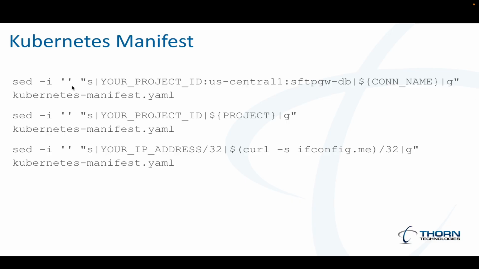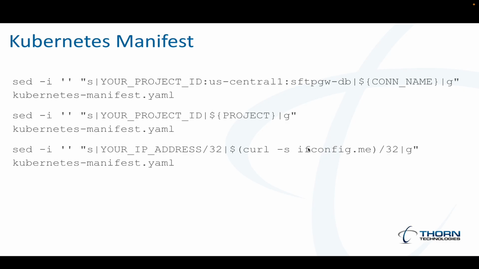So here I have some sed commands, which will replace specific strings within the Kubernetes manifest file with real values. The first one is going to be replacing the placeholder database connection name with the connection name that we obtained earlier. The your project ID strings will be replaced with our project variable, and then your IP address will be replaced with the results of this bash command, which will get my current IP address.